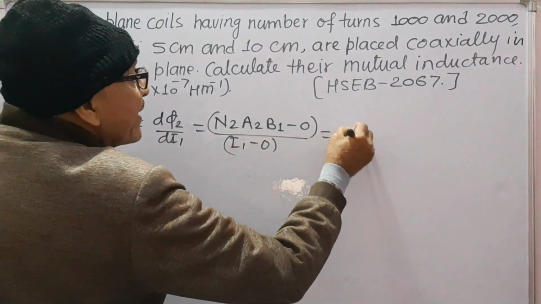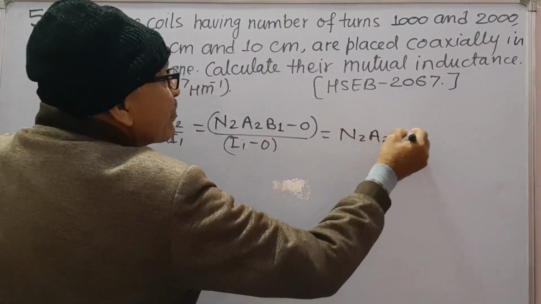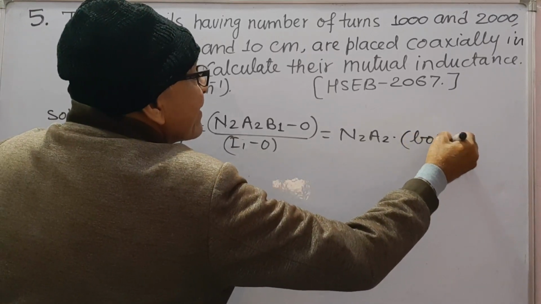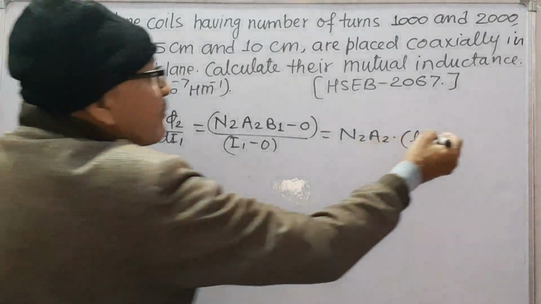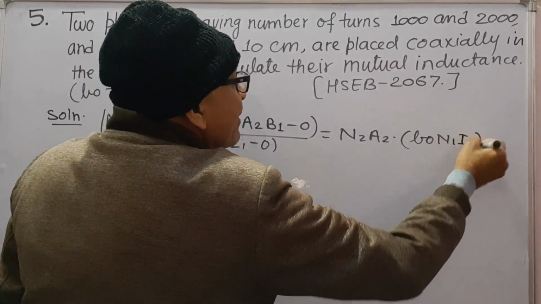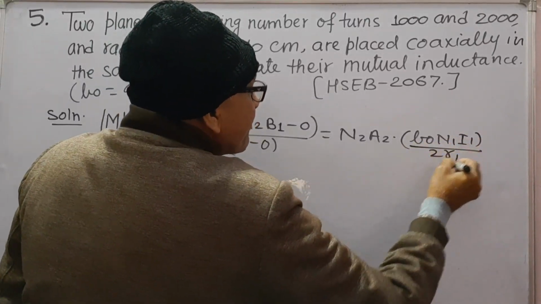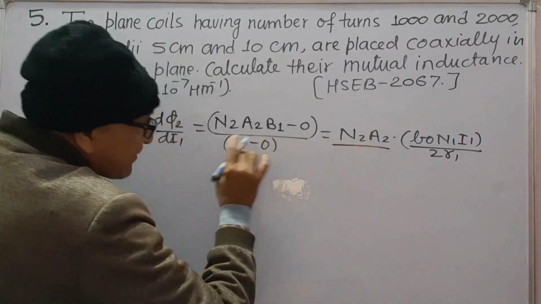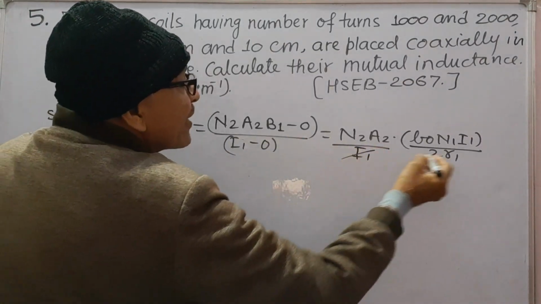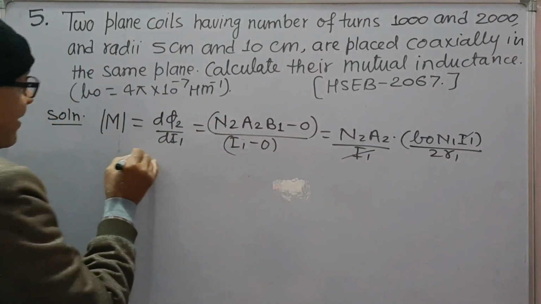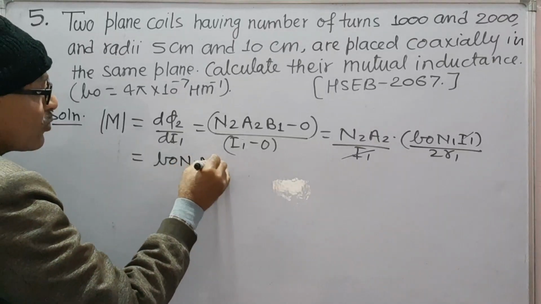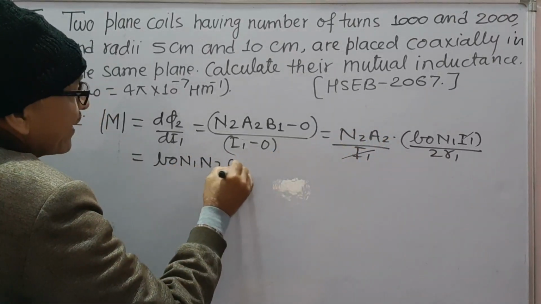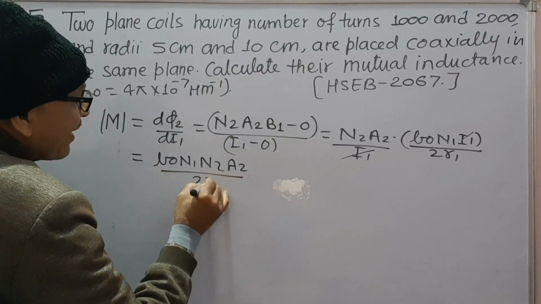N2A2B1 is mu naught N1 I1 upon 2 R1. Upon this I1 cancels out. So, M is equal to mu naught N1 N2 A2 upon 2 R1.